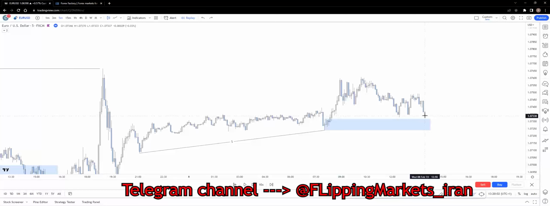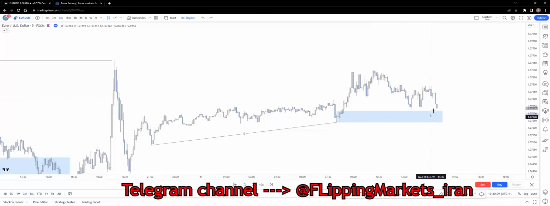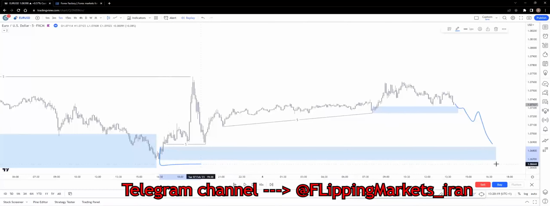And after this 15-minute sub-demand mitigation, we can look for longs, or the flip of this zone, as I said, on the 15-minute time frame. On the 5/15-minute supply zones, we can look for shorter-term sells down to this 15-minute extreme.